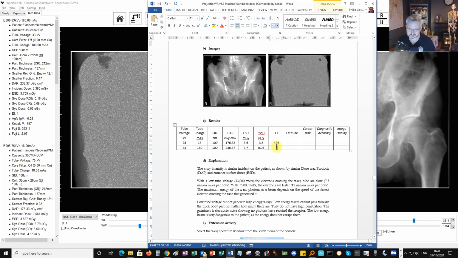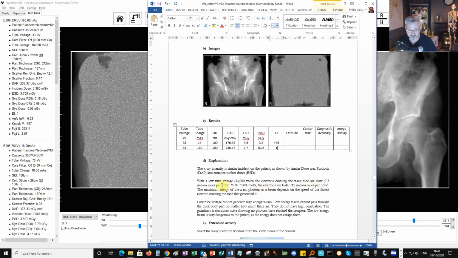So although there were similar amounts, if not more, X-ray photons landing on the patient, none of them made it through to the other side of the patient. So let's read the explanation. The X-ray intensity incident on the patient is similar, as shown by similar dose area products and entrance surface doses. With a low tube voltage though, the electrons crossing the tube are slow.